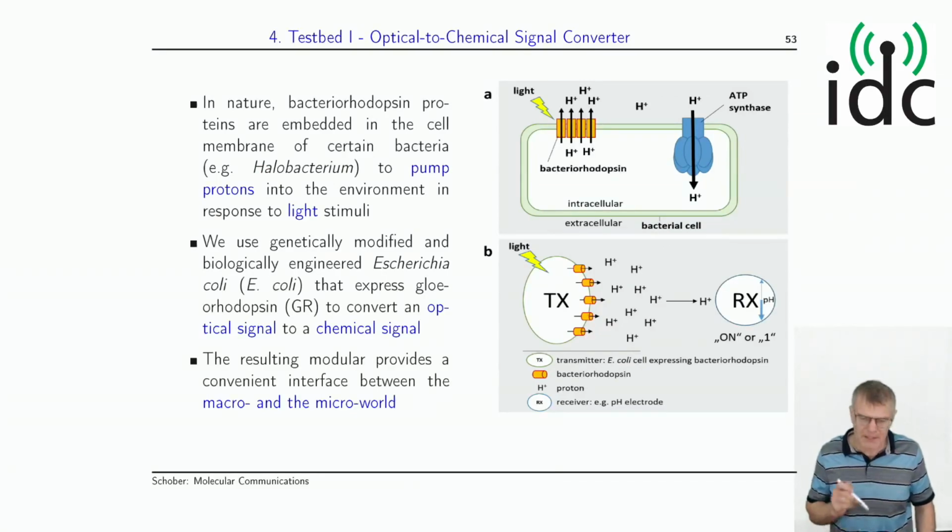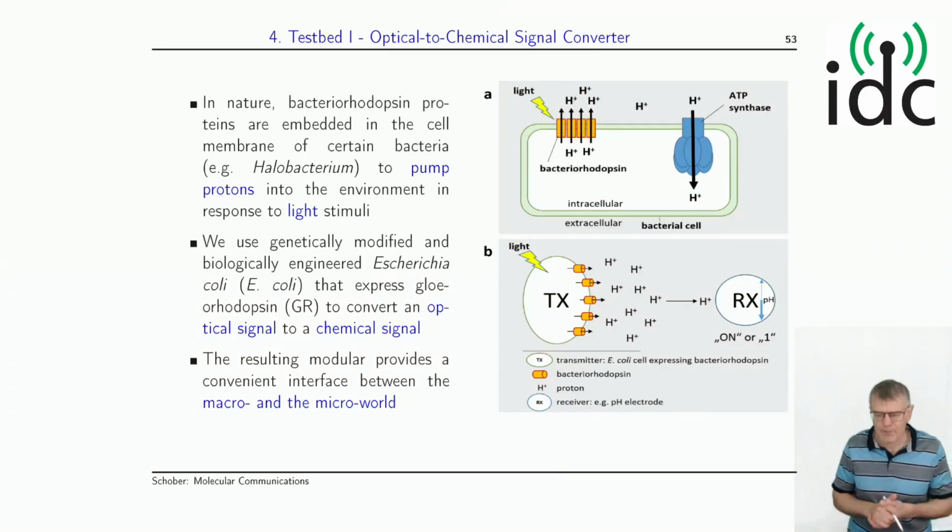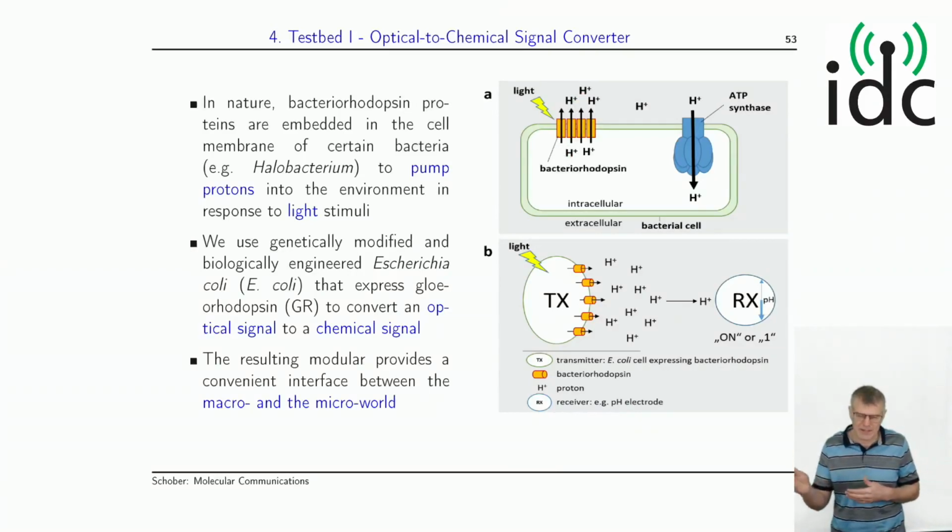The property that they have is that in response to light stimulus, they will emit protons, right? So in this natural environment where they occur, they will emit protons into the environment, and therefore there are more protons at the outside compared to the inside of this bacterium.